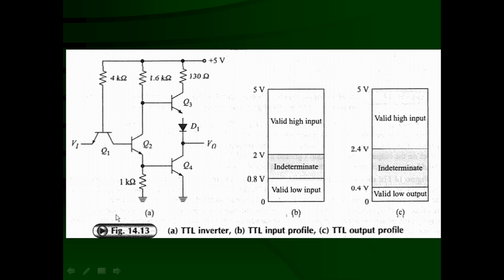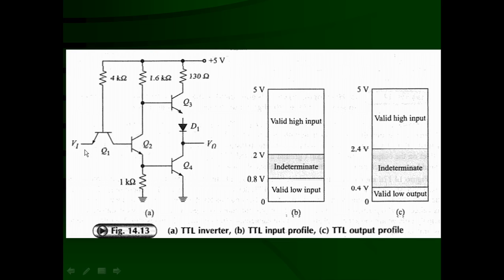You can see that this is your TTL inverter circuit. The same thing, only one input and one output. This is a TTL NOT gate. The input is designated Vi and the output is designated VO. If the input is in the low state, that means 0 volt is connected, and hence the output is going to be in the high state.